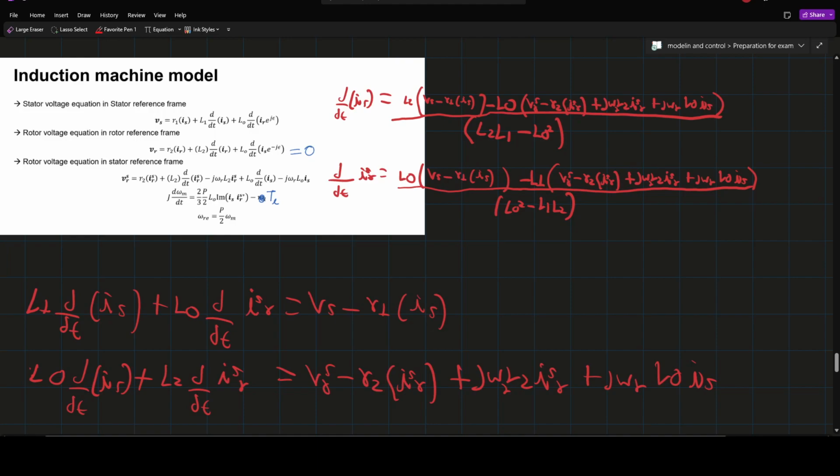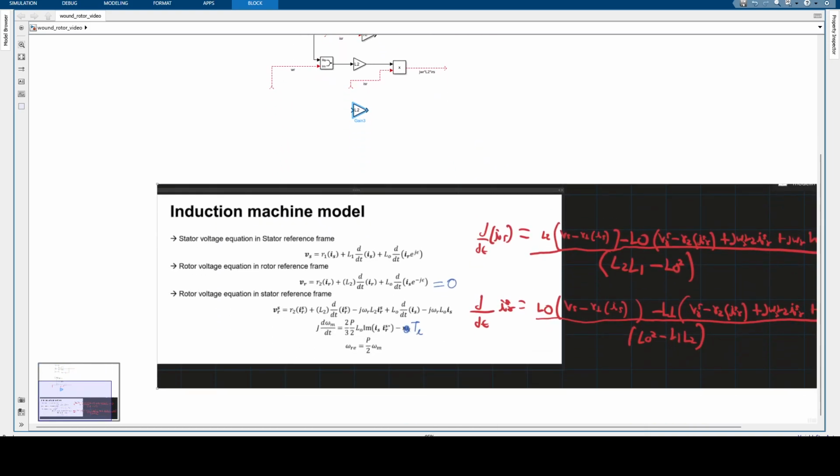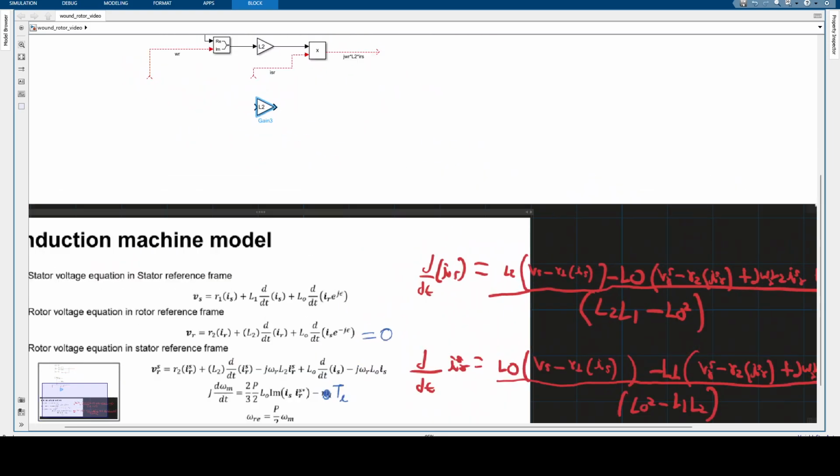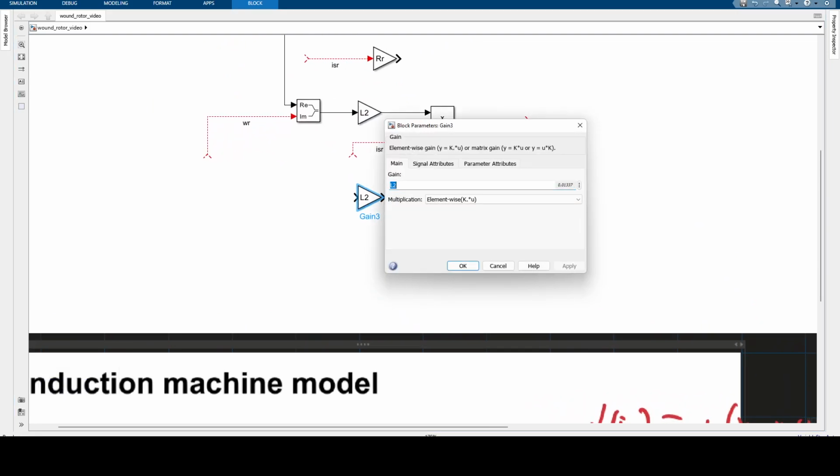Now we do the same for this part, J omega R plus L naught IS. So we have J omega here, so we are going to need this one, another again, I forgot L naught. So this is L naught.